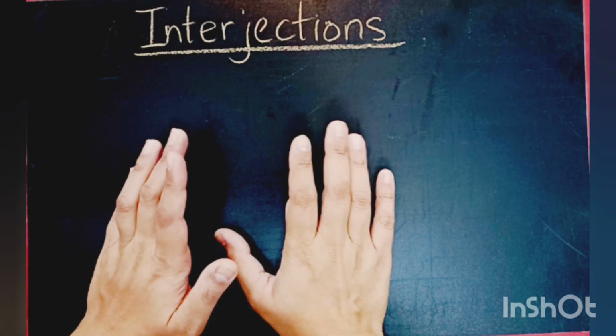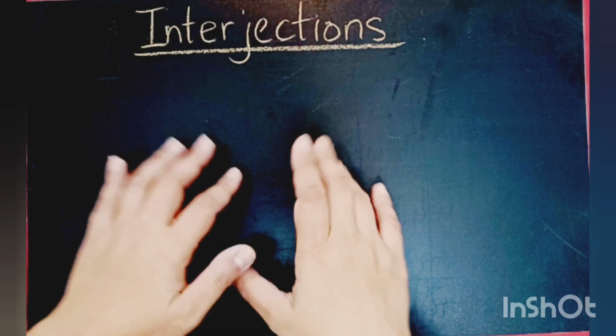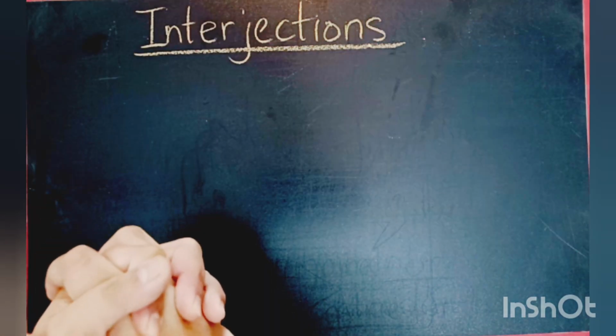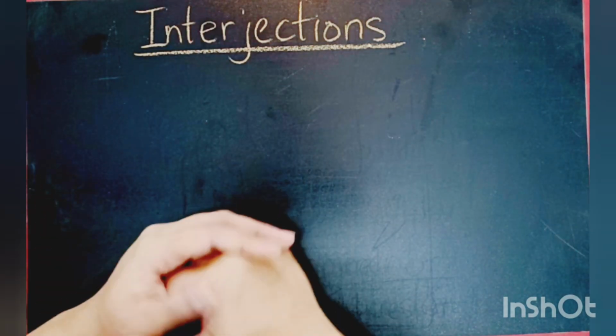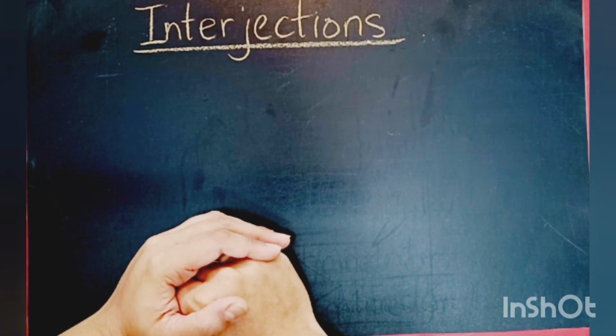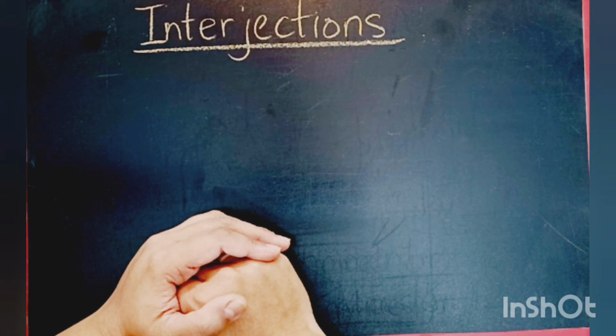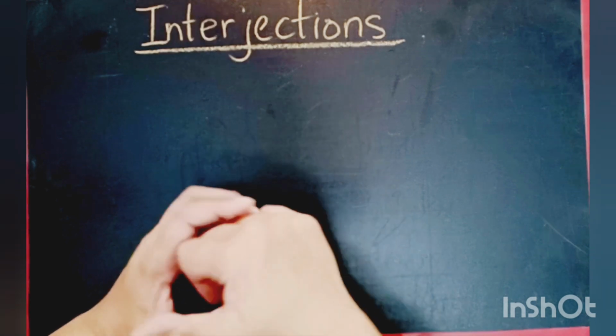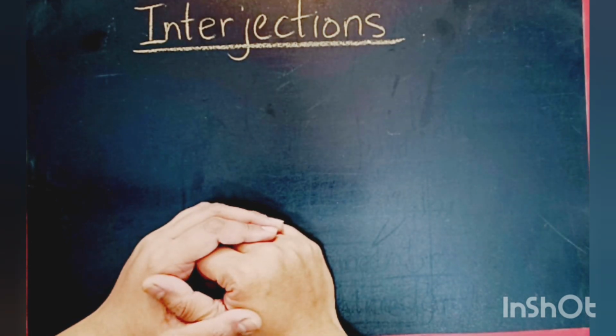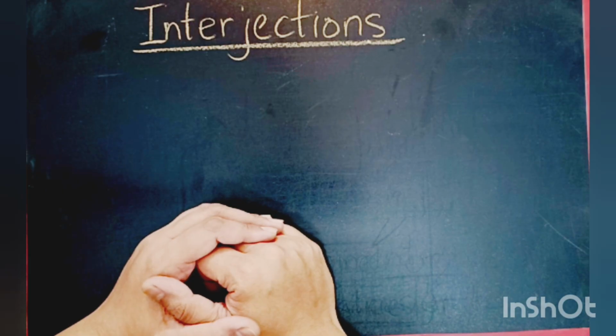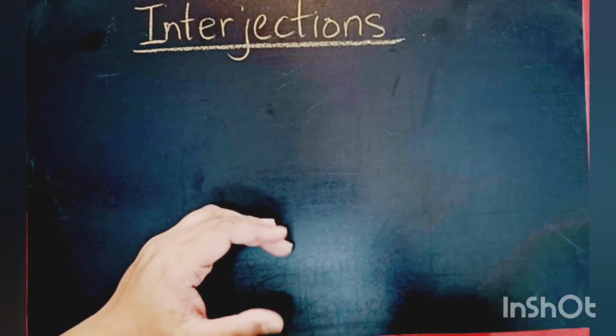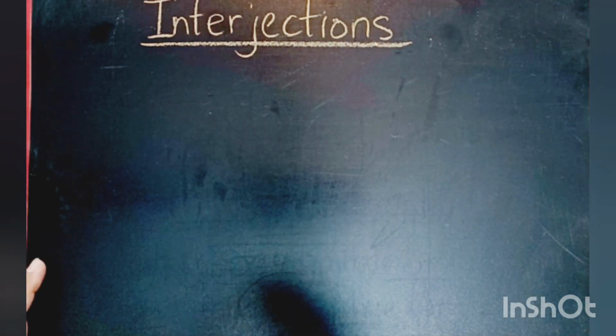The word interjection actually means to throw between. So, when we throw our sudden emotions into an unexpected situation, the meaningless word which we say in sudden reaction to an unexpected situation or accident is called an interjection.